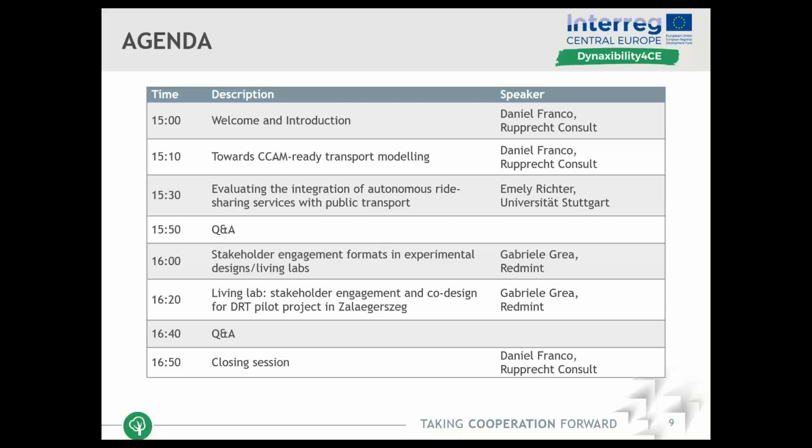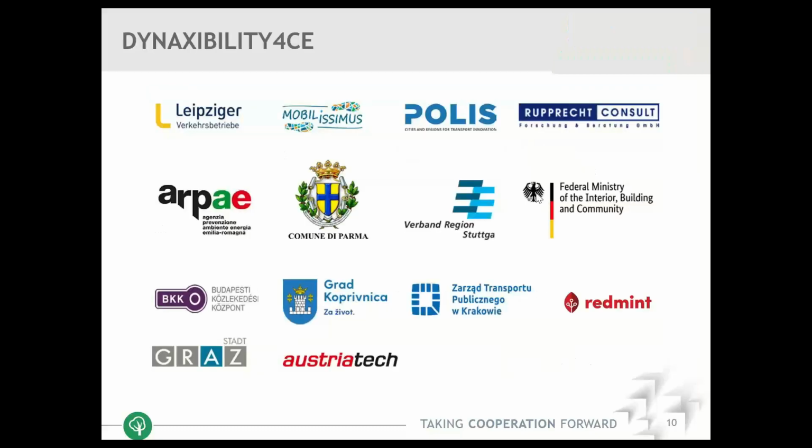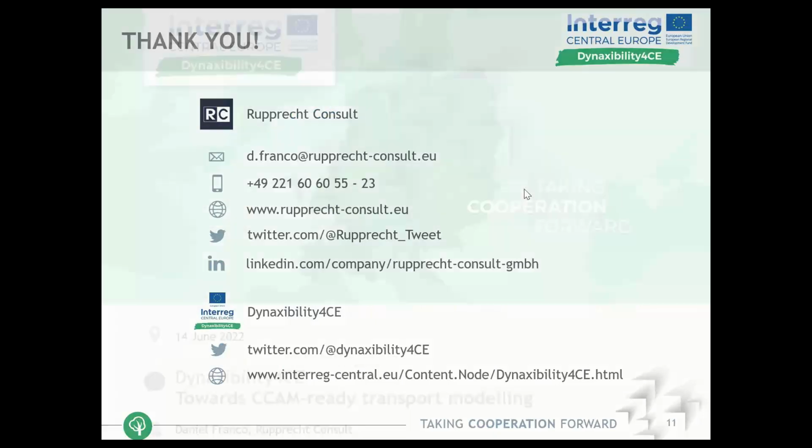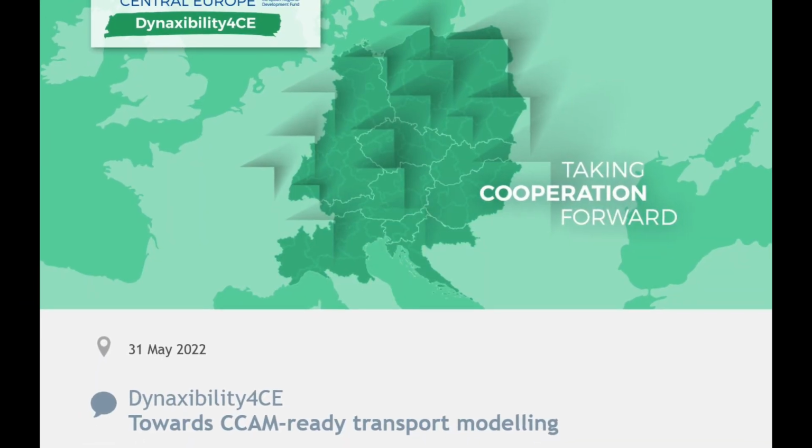And he will also be presenting the specific case of living lab in the city of, well, I cannot pronounce this, Salagerceg, and how they advance the stakeholder engagement and co-design of a demand responsive transport pilot project. So these are our project partners, and without further ado, let's get started with our first presentation.